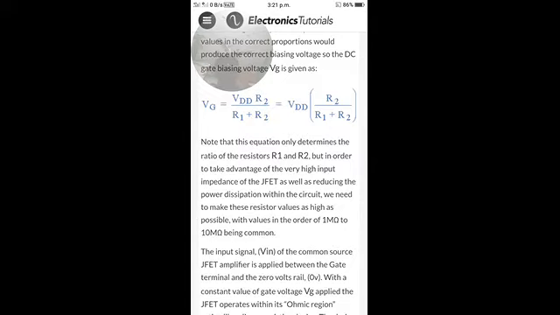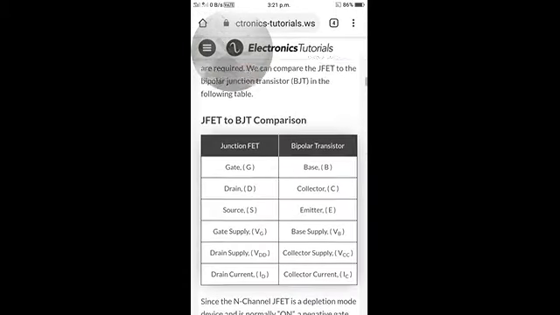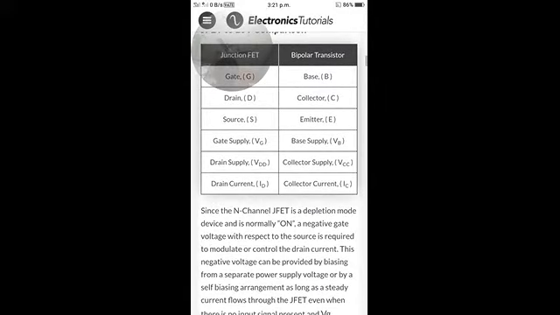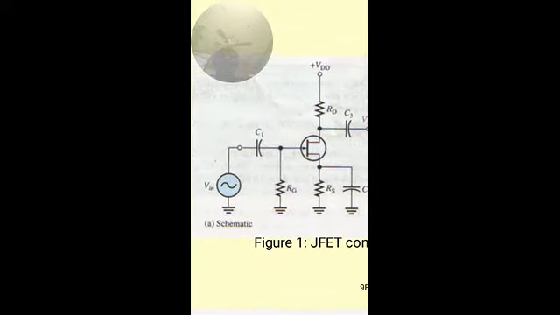Here the input signal Vin of the common source JFET amplifier is applied between the gate and source terminals.